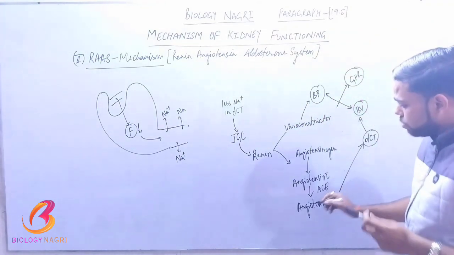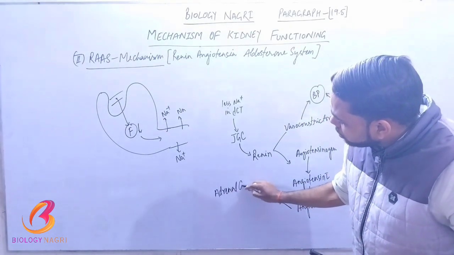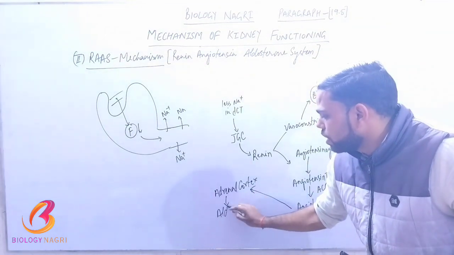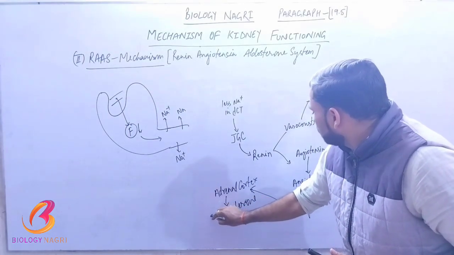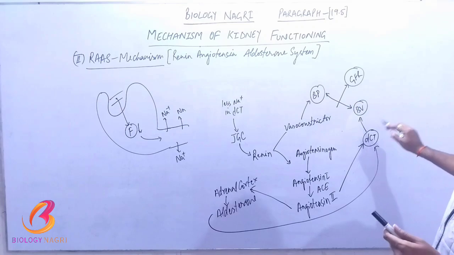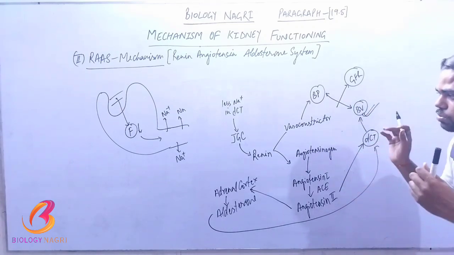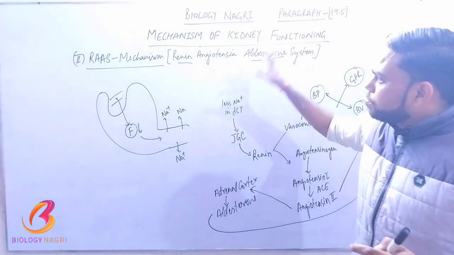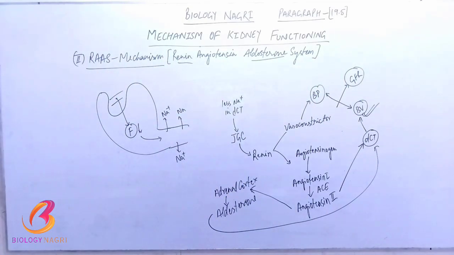Angiotensin 2 also acts on the adrenal cortex, which starts releasing the hormone aldosterone. Aldosterone acts on the DCP and leads to increased reabsorption, maintaining the blood volume. So renin as well as aldosterone contribute in this mechanism to maintain the GFR. This is finally the RAS, the renin angiotensin aldosterone system.